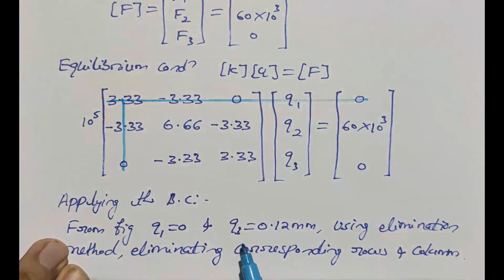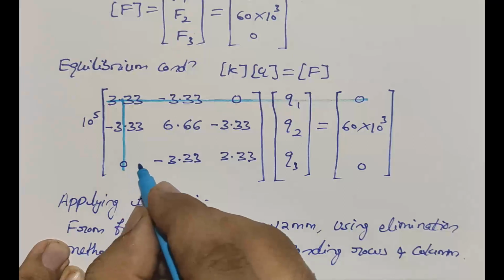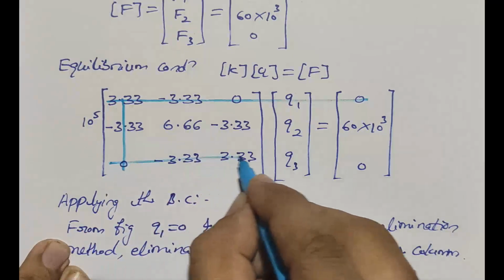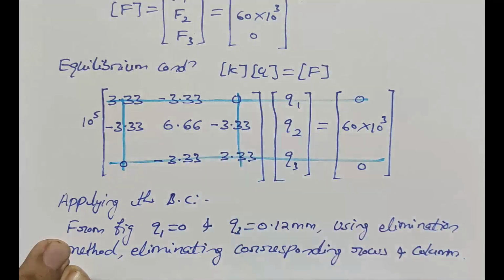Similarly, we know Q3 is equal to 0.12 mm, therefore we eliminate the third row and third column in the equilibrium equation.